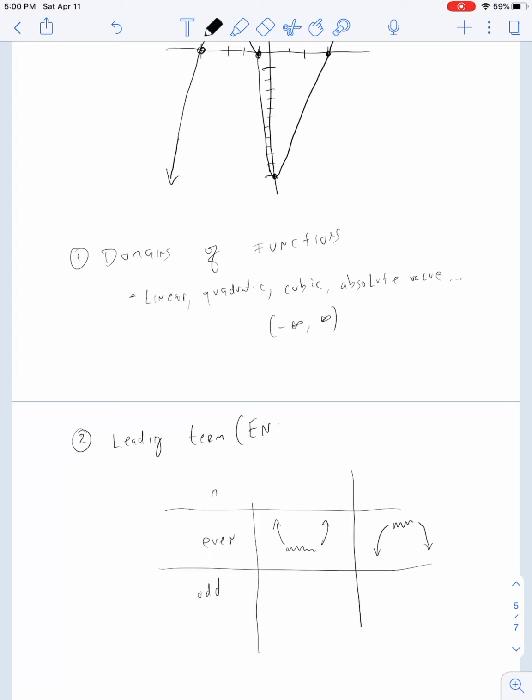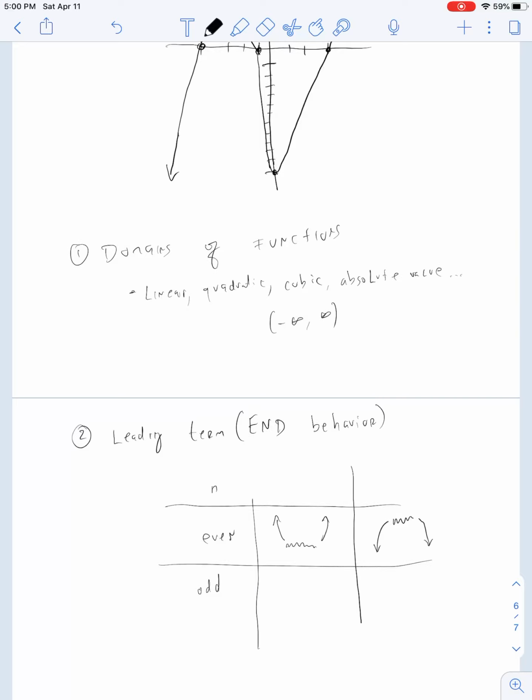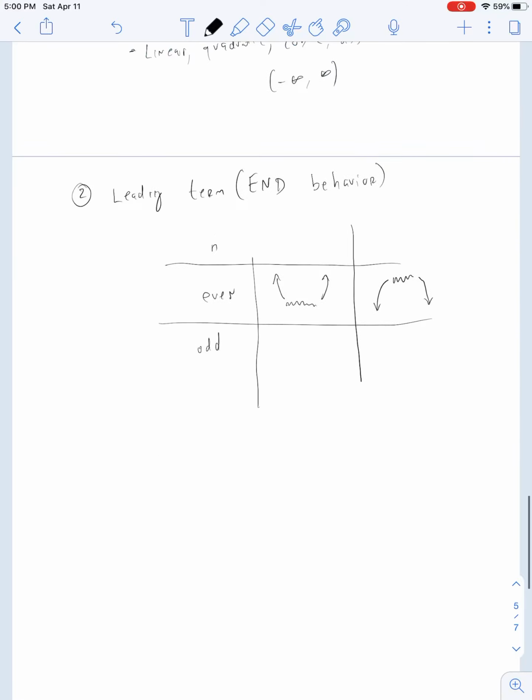This is telling us about the end behavior of a graph. So we don't know what's happening in the middle, but we know it's going to go like this or like that.